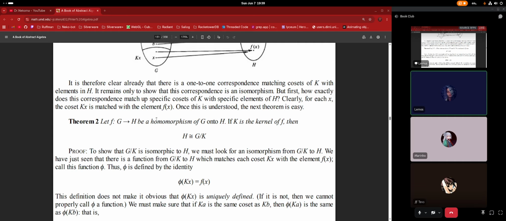Theorem 2. Let f be a homomorphism of G onto H. If K is the kernel of f, then... K is the kernel of f. Is that a nomenclature we used before? I thought kernel K was related to groups. F is a homomorphism, so kernel is related to homomorphisms, and f is one, so K is the elements that f maps to identity, essentially.